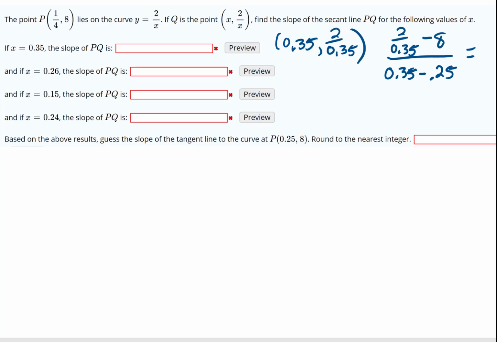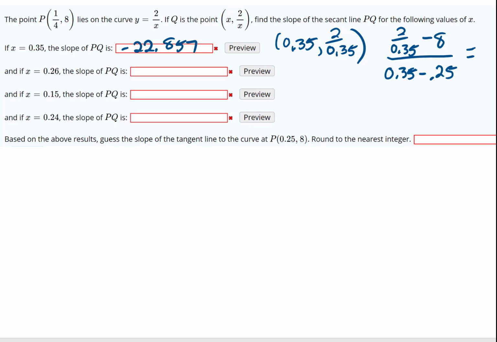So we just compute a slope, and it looks like we get negative 22.857.